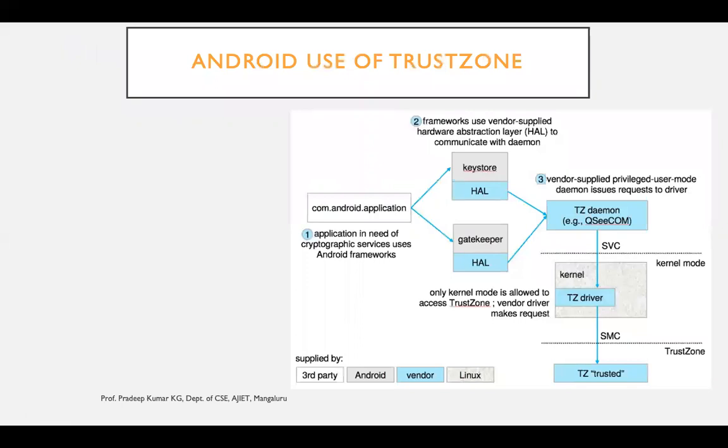So here is an example with the Android use of TrustZone. We all are making use of Android mobile phones, say smartphones. Even an Android mobile phone has this particular feature. So first, say for example, you want to have different applications on your mobile phone. You want to download VLC media player.